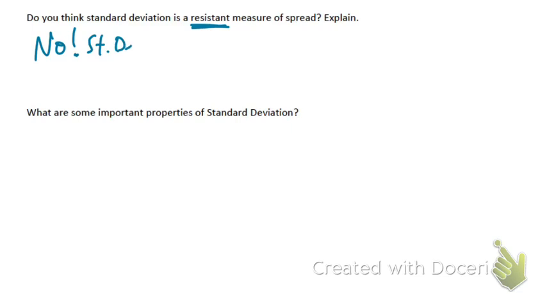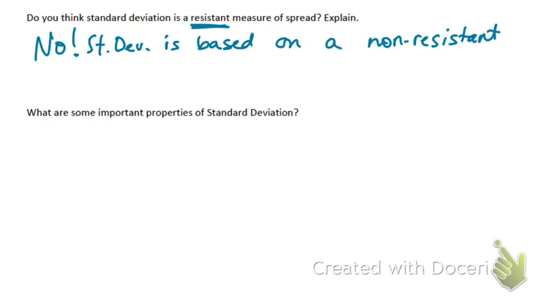Standard deviation is based on a non-resistant mean.